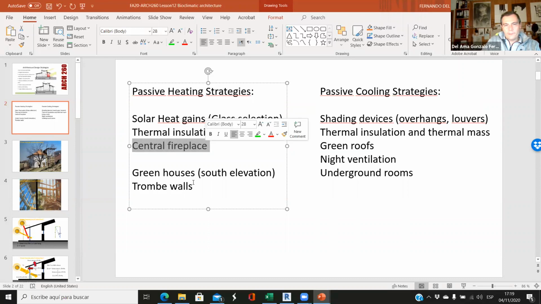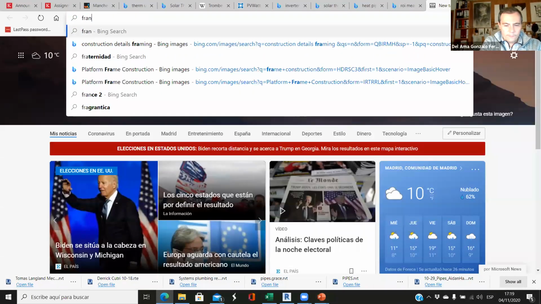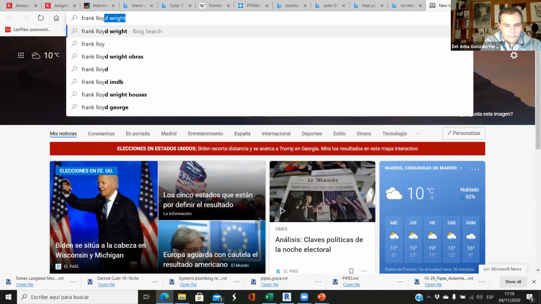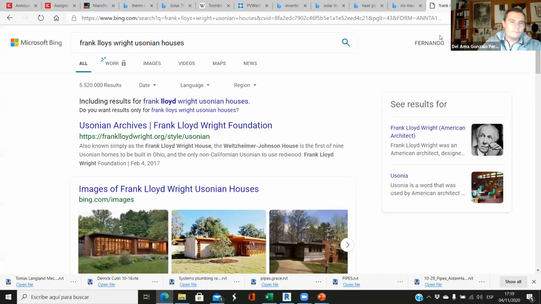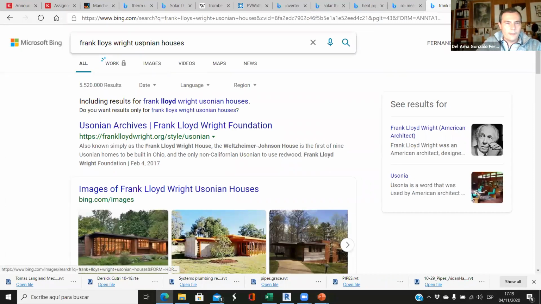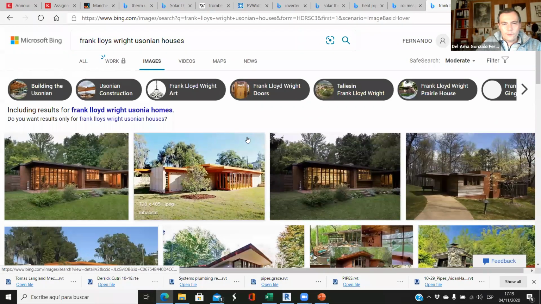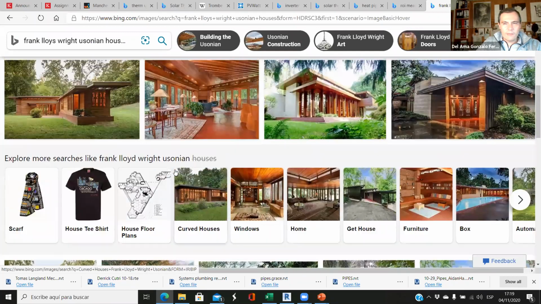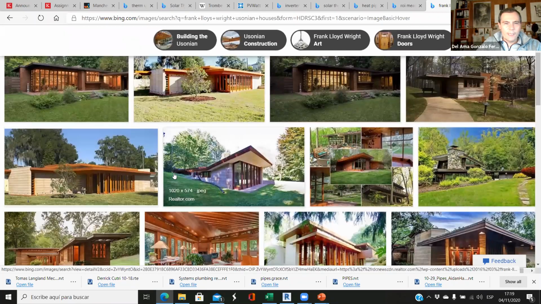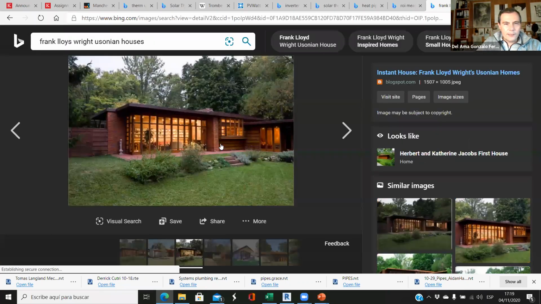I think I've already explained that, especially in Frank Lloyd Wright's buildings. These Usonian houses that Frank Lloyd Wright designed in the 40s or 50s are simple houses, and I think I have already explained this to you.